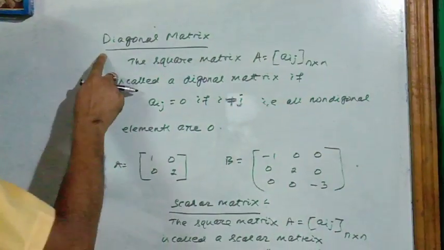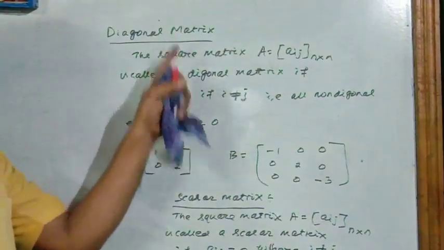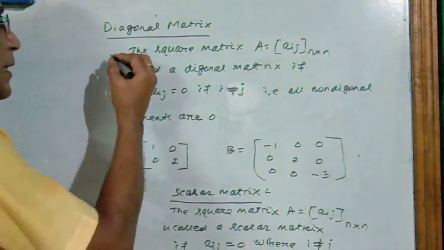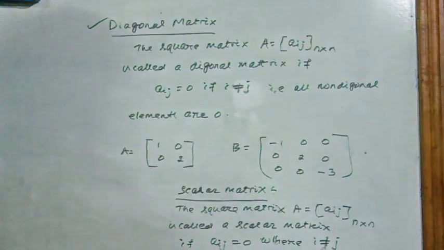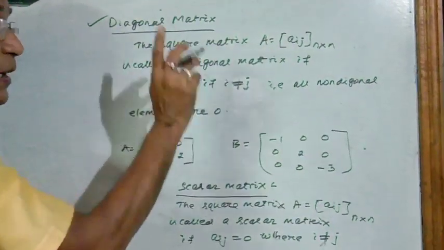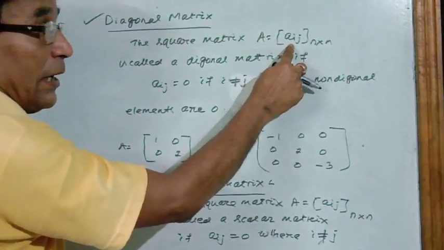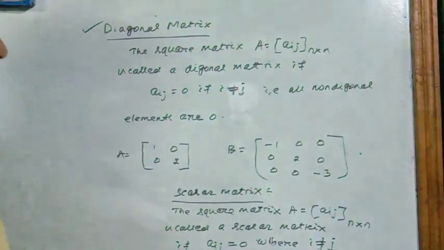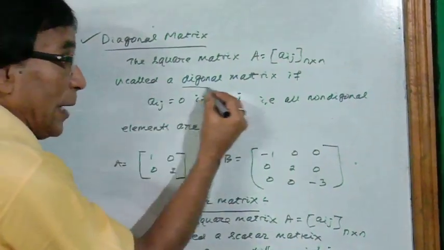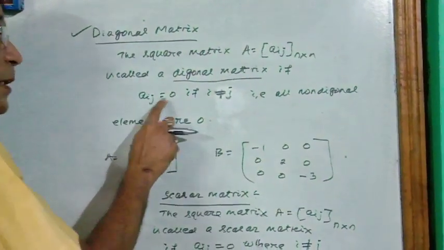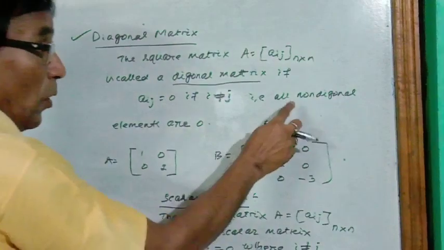So next we will consider what a diagonal matrix is. Here you see the definition of a diagonal matrix. A diagonal matrix must be a square matrix. So the square matrix A, that is Aij of order n cross n, is called a diagonal matrix if the non-diagonal elements are 0.